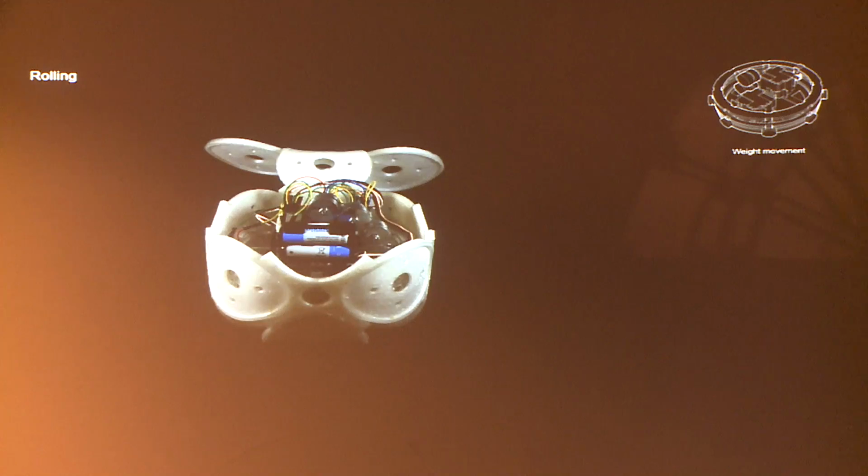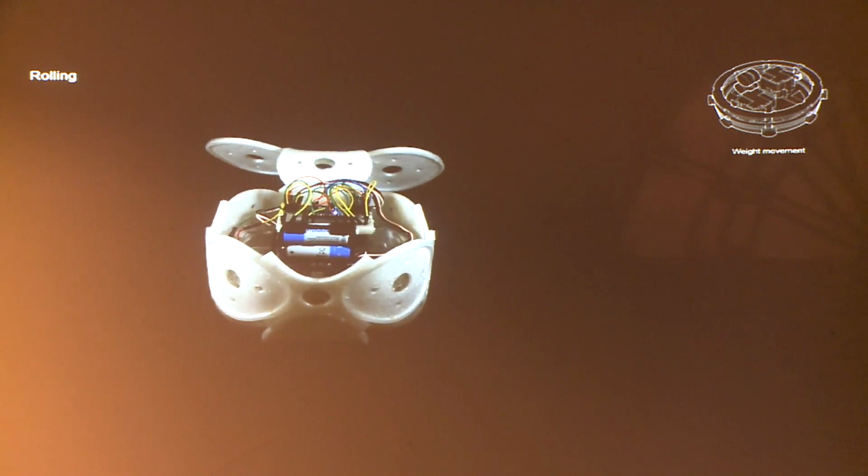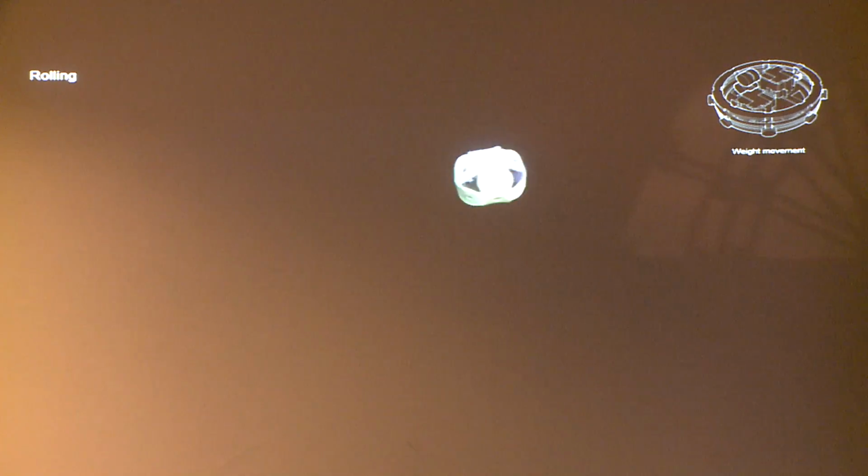After the first iteration, we achieved this shape, and we designed this rolling mechanism that is based on 2 continuous servos, and it's possible to move in 4 different directions. One of the servos controls the central weight, and the other one gives the direction to roll.